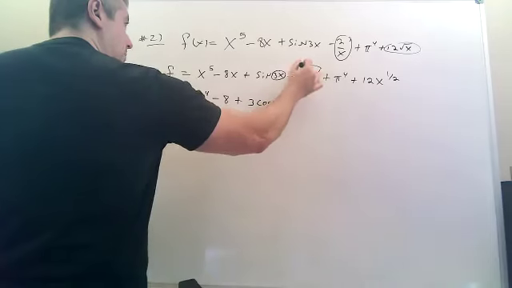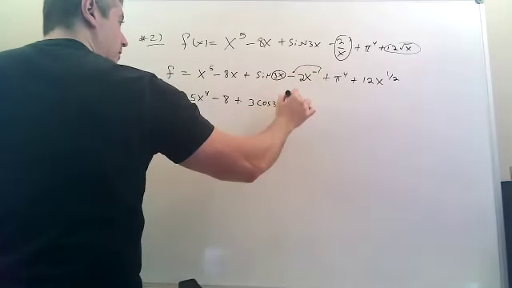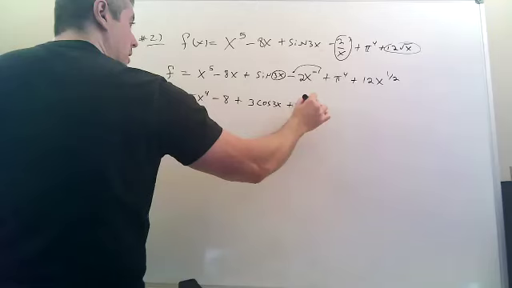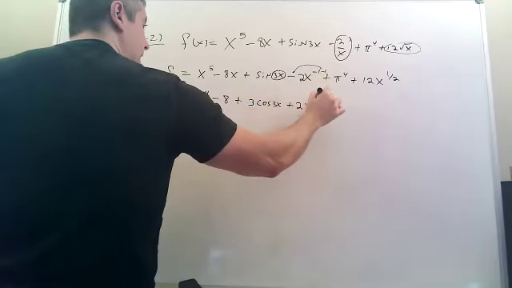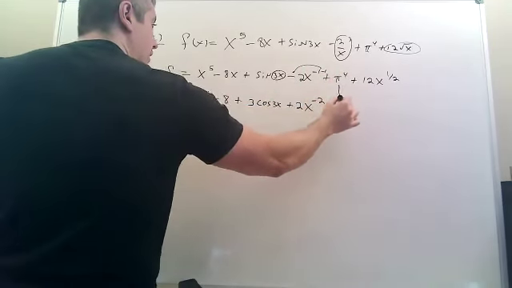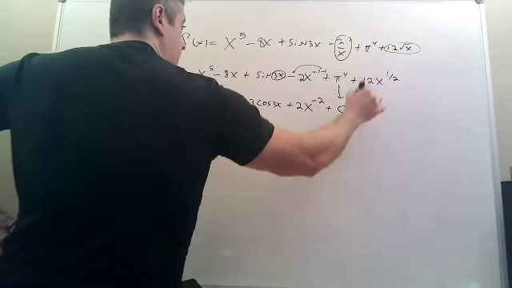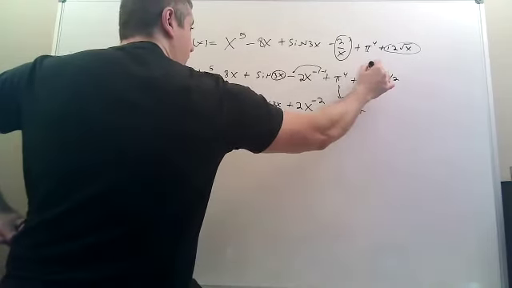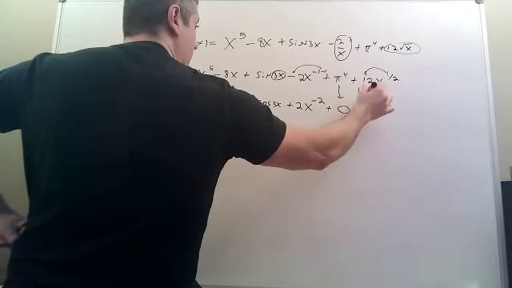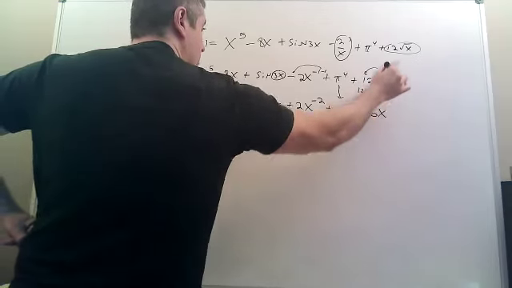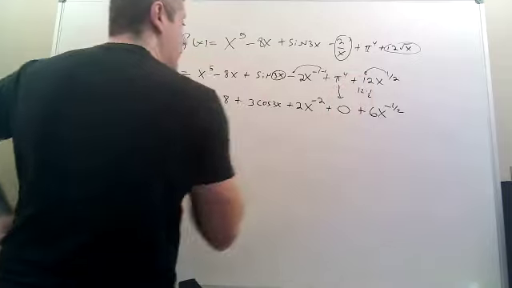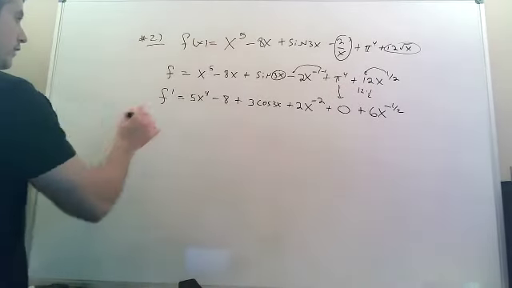Now here, multiply by the power. -1 times -2 is +2. Subtract 1 from the power, you get -2. Derivative of pi is 0. It's a constant. Over here, I'm going to take half of 12, right? 12 times 1/2 is 6. Subtract 1 from the power, you get -1/2. So that's my first derivative.